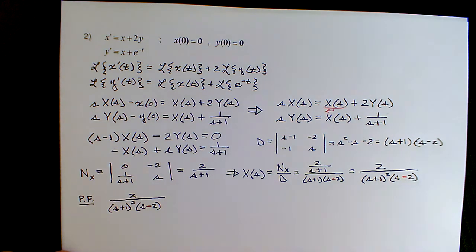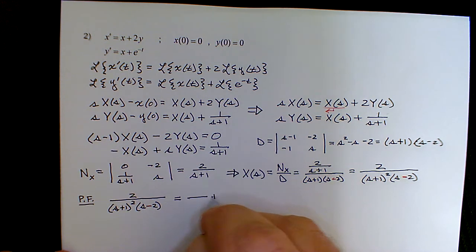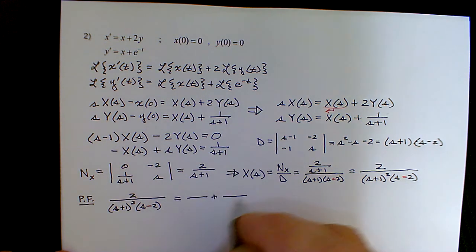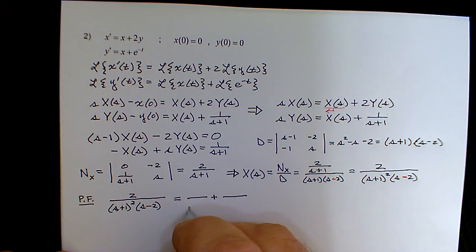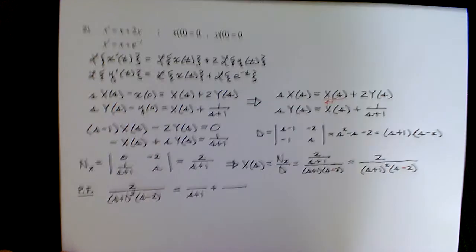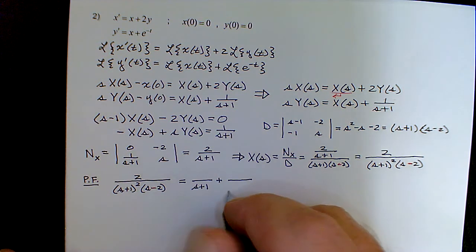Okay, so therefore, with this repeated factor, recall that we're going to have as many fractions as is the power on that repeated factor. In the first fraction, that repeated factor to the first power, so just s plus 1 to the first, or s plus 1.